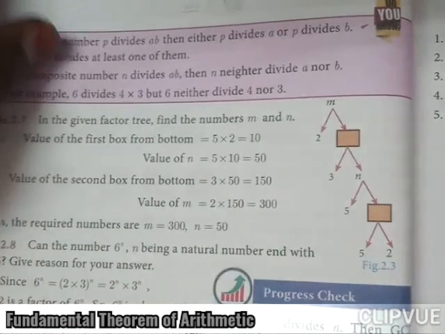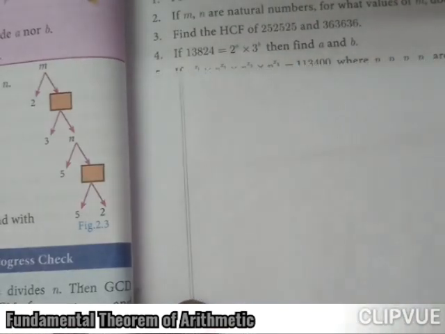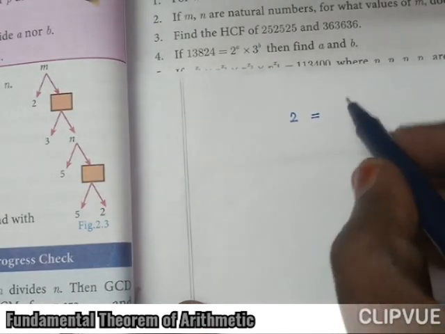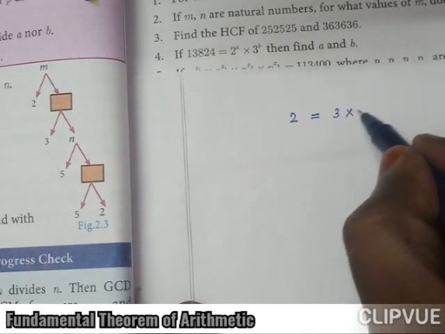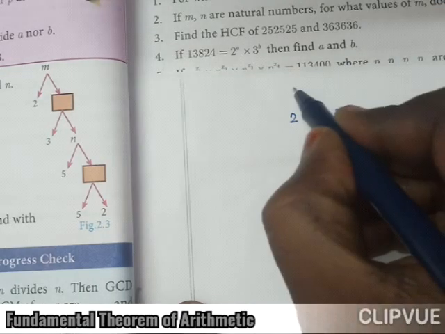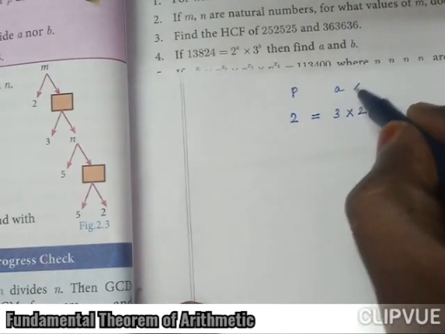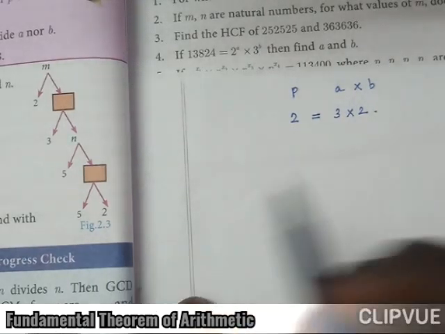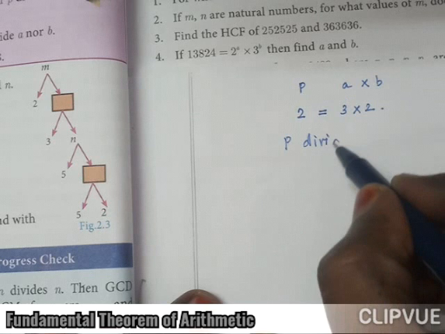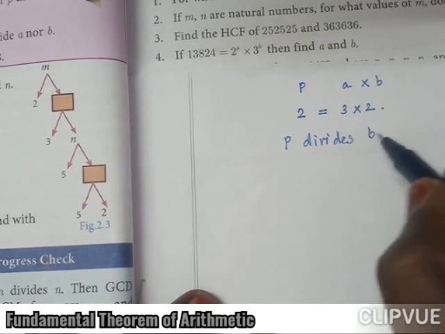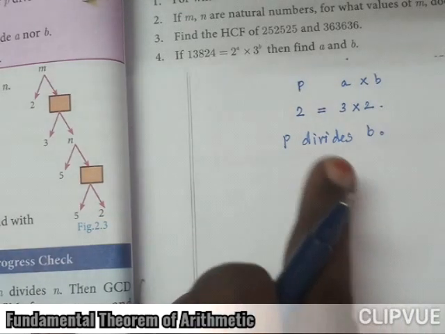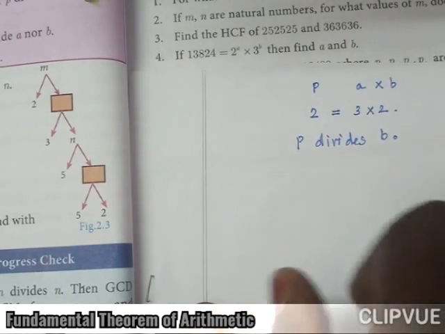You can take the example: 2 is the prime number, and take 3 into 2. This is p, this is a, this is b. p divides b, actually either a or b.